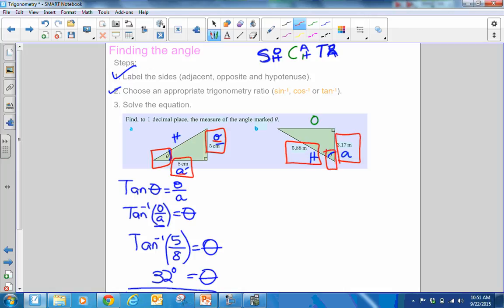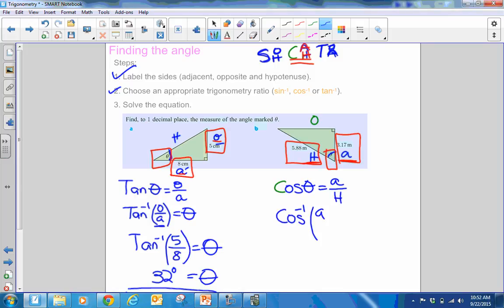So what trigonometric ratio has adjacent and hypotenuse? That will be cosine. So let's write that one. cos of the angle equals adjacent over hypotenuse. But because we're going to find an angle, remember that you need to do the inverse.